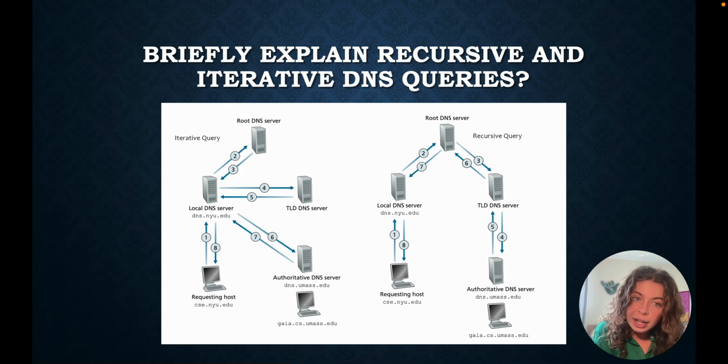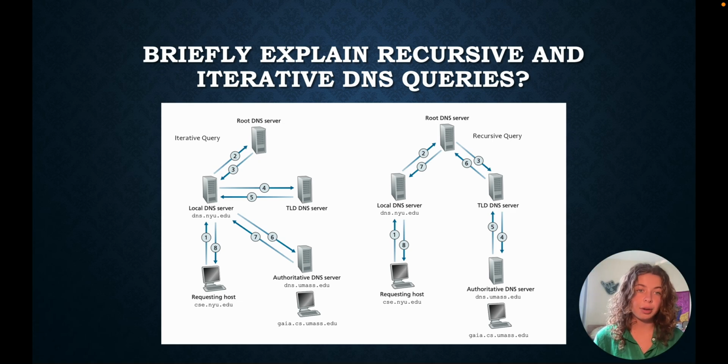Now for an iterative DNS query, the client, usually a DNS resolver, contacts DNS servers one at a time and requests information. If a server doesn't know the answer, it will return the best answer it has, typically a referral to another DNS server.